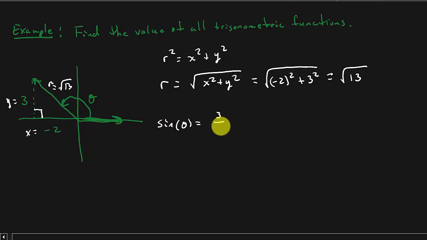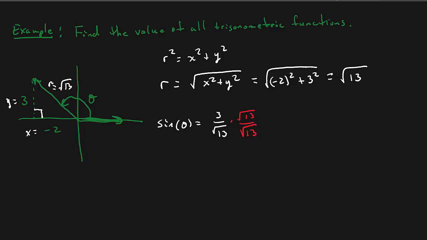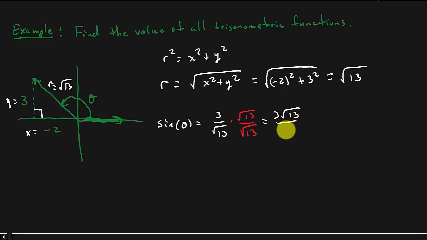So that's going to be 3 over the square root of 13. And then we would rationalize the denominator. So I'll show the work on this one on rationalizing the denominator, but I'm not on the other ones. You should know how to rationalize the denominator. Multiply by square root of 13, numerator and denominator. So that's 3 square root of 13 over 13.